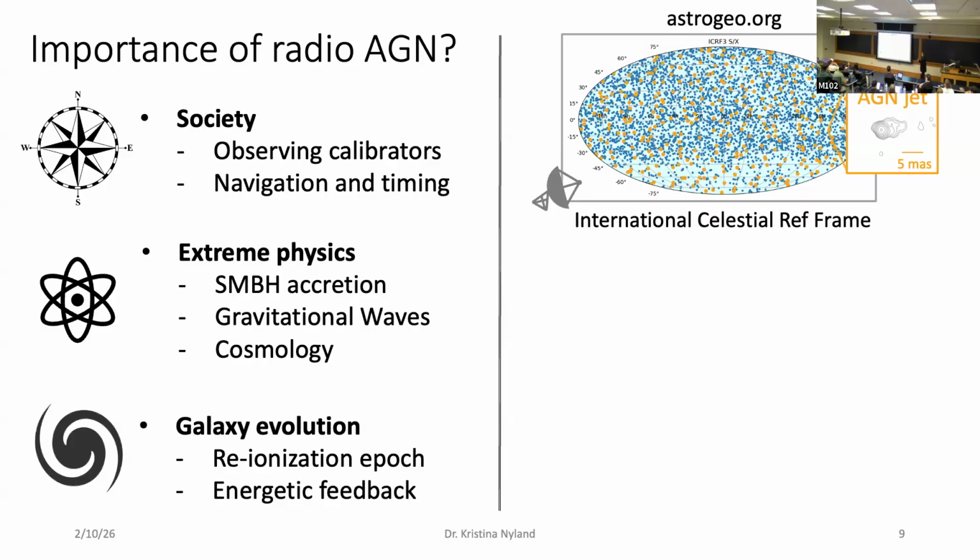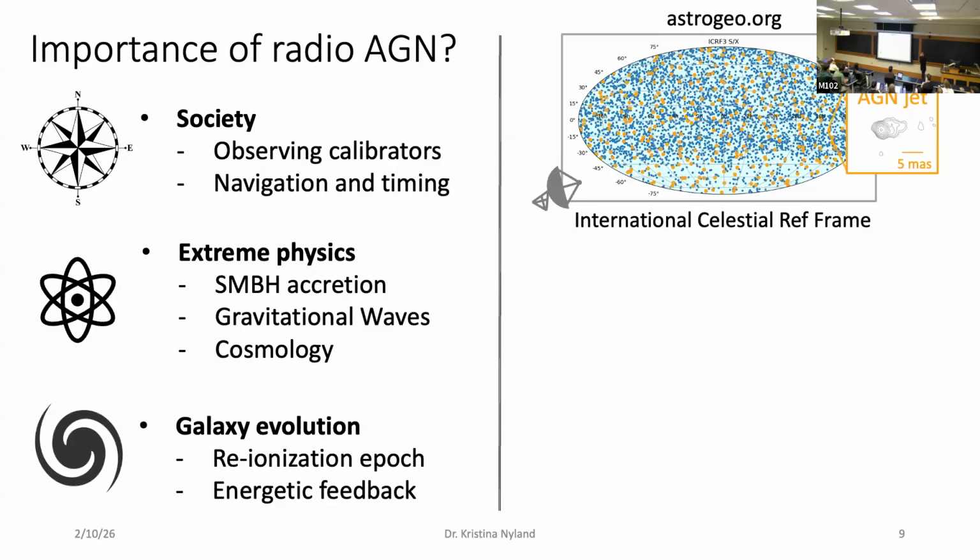This is a sky map showing the positions of the 4,000 or so distant radio AGN that comprise the ICRF. And here's a VLBA image of one of them. This little scale bar, if you can't see it, is 5 milliarcseconds. So they're quite compact. Essentially, these sources are used as the most distant beacons in the universe for determining the precise location of the Earth in space and time.